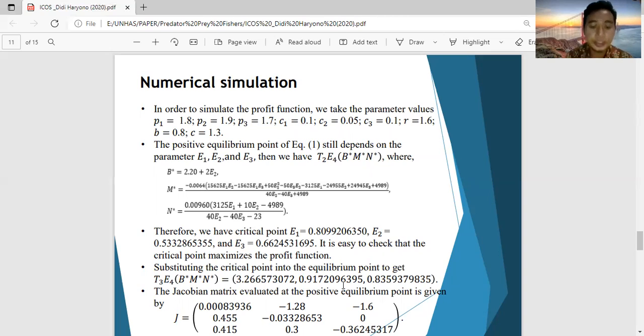Therefore, obtaining a critical point E1, E2, and E3, it is easy to check that the critical point maximizes the profit function.